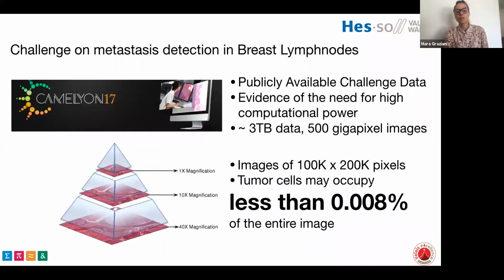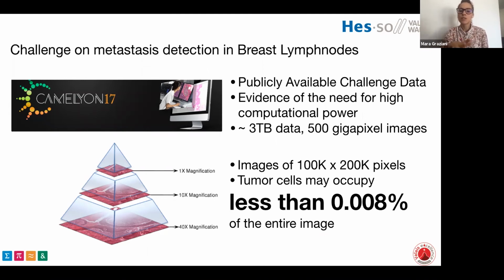So within the project, we started from one specific application. We reduced our field a bit and went to checking just the identification of metastasis in breast cancer lymph nodes. We used a publicly available collection of nearly 3 terabytes of data with 500 images fully annotated, with schematic annotations of the tumor regions.